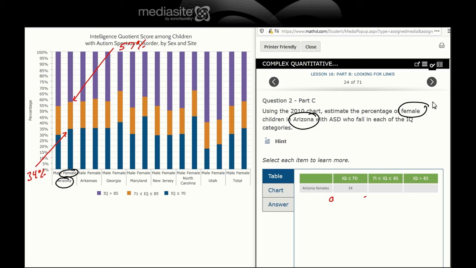So 0, 34, 57, 100. For 71 to 85, that appears to be 57 minus 34, or 23%. And for the last one, 100 minus 57, for 43%.